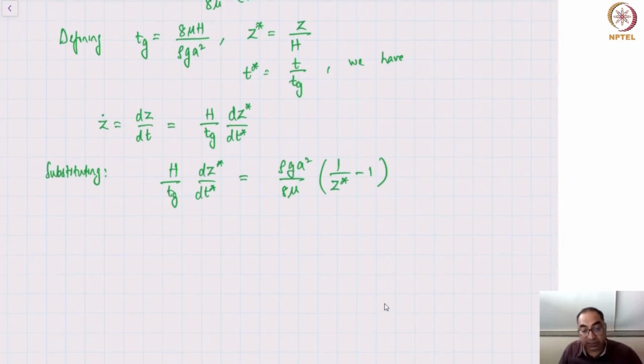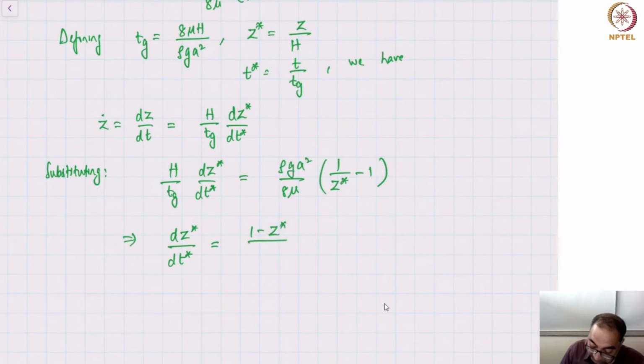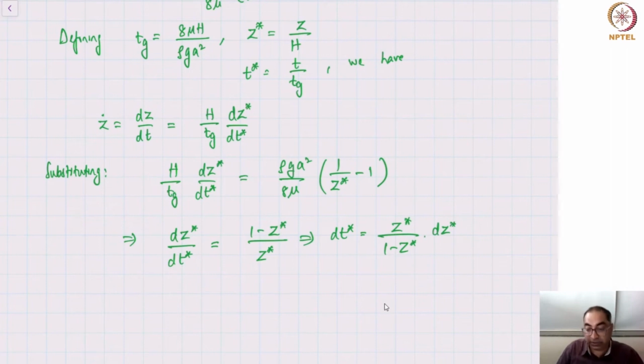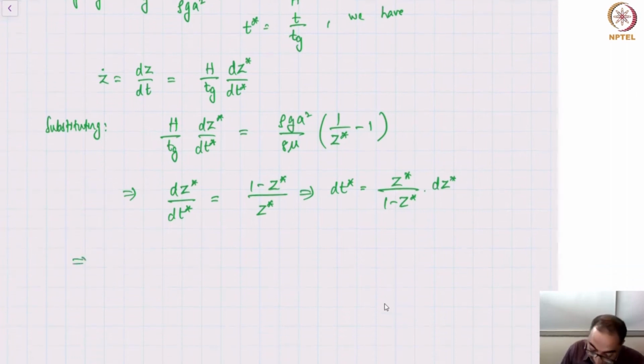Now we can substitute the expressions for h and the tg that we just defined, and we get dz star by dt star will be 1 minus z star by z star, and this gives me dt star will be z star by 1 minus z star of dz star.